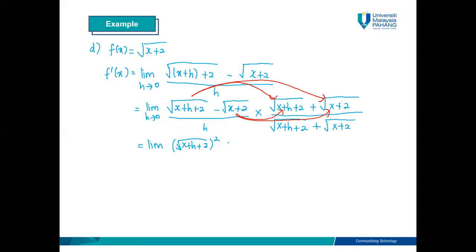So this one dia akan jadi plus square root of x plus h plus 2 times square root of x plus 2 kan?